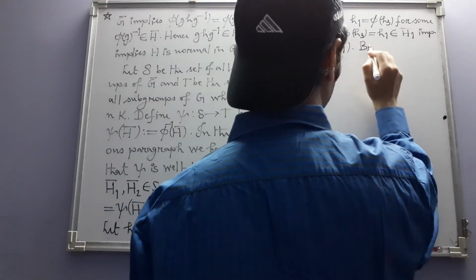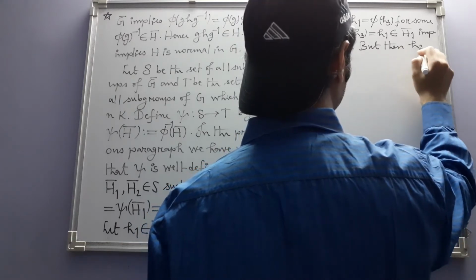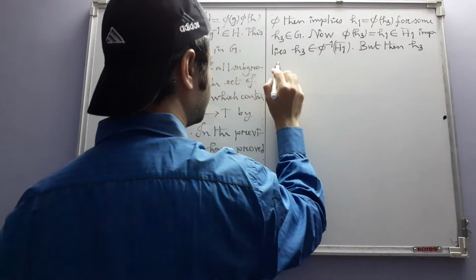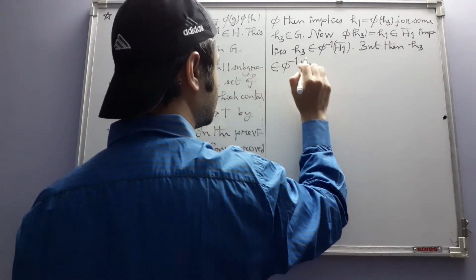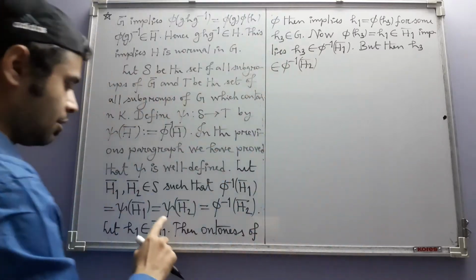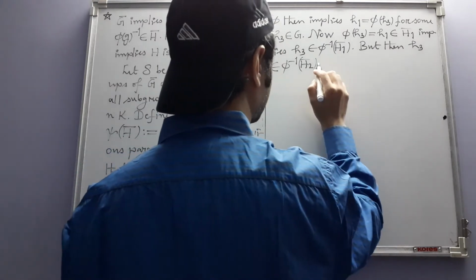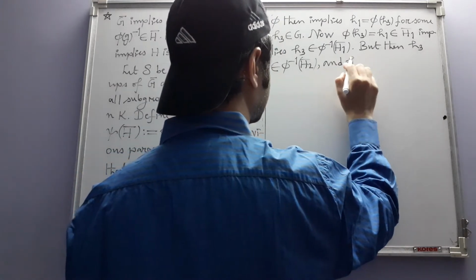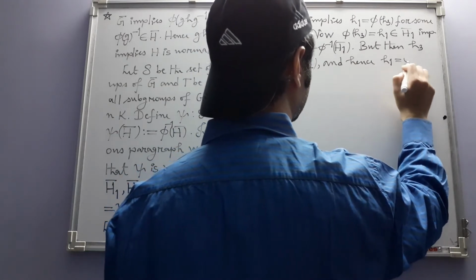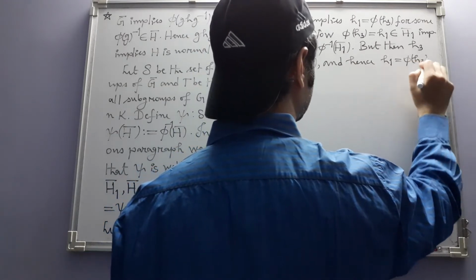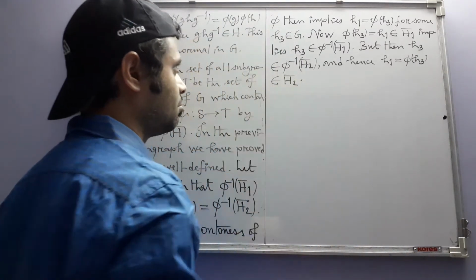But then H3 also belongs to phi inverse of H2 bar. Now we can use this equality, and hence H1 equal to phi of H3 must belong to H2 bar.